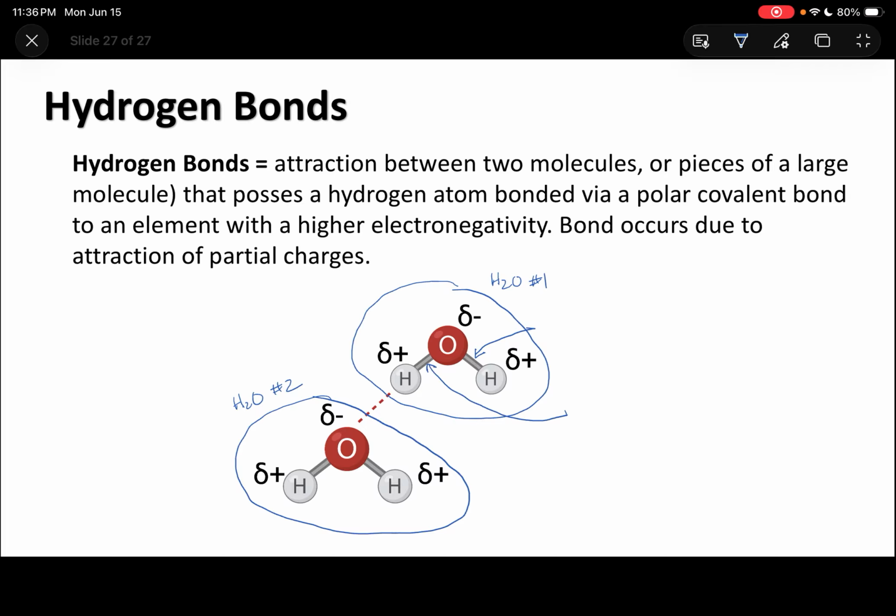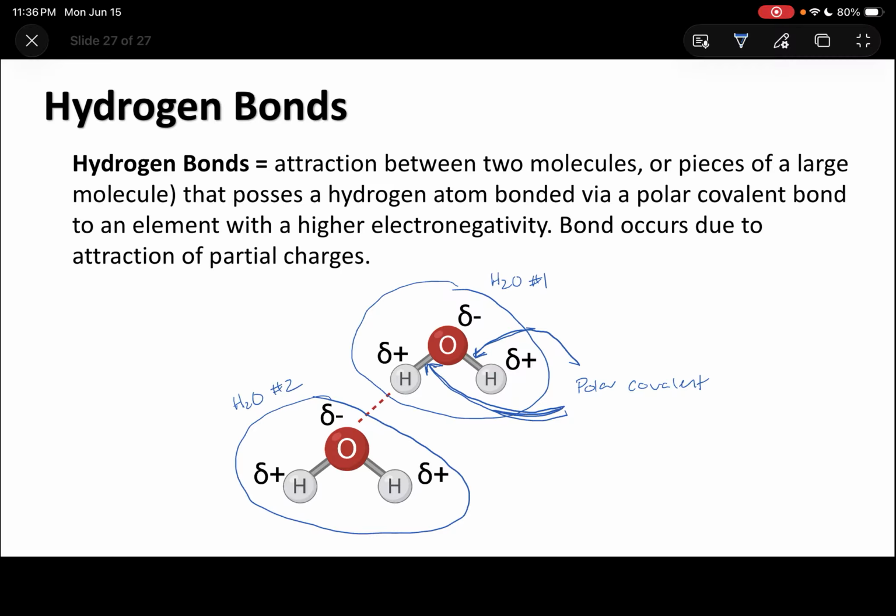Okay, so both of these guys right here, these are polar covalent bonds, uneven sharing that's occurring between oxygen and hydrogen. And as a result, it's going to cause partial charges. The hydrogen ends up being partially positive, the oxygen is partially negative. The same is true of the nearby water molecule.